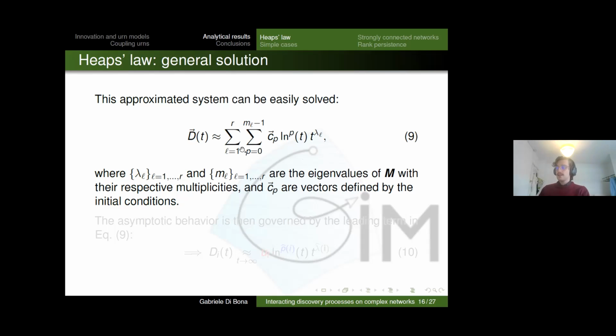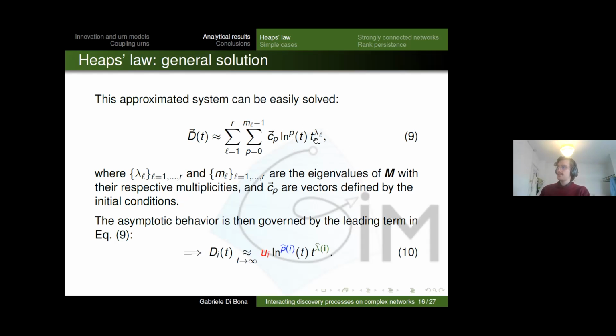So in the long run, asymptotically, this solution is governed by the leading term, and we can easily identify the leading term by considering, for each of the nodes, where the coefficients are non-zero. We take the highest eigenvalue, the highest p, for which the coefficient is not 0. Different nodes may have different lambda-hat and different p-hat.